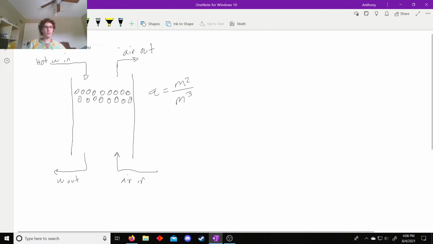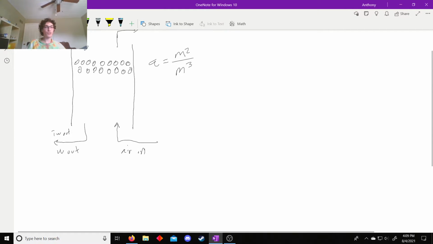Now, I'll label this here. So this is going to be temperature of water in, temperature of water out, and for air, I'm going to label this as G for gas. And this is going to be equal to the actual air that's part of the air.